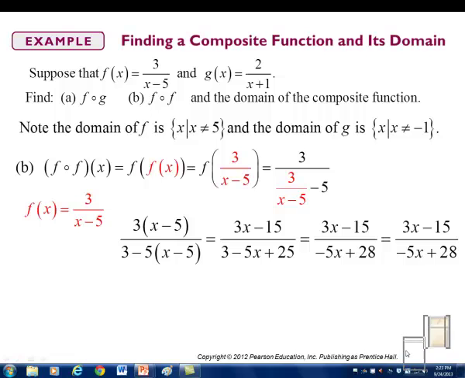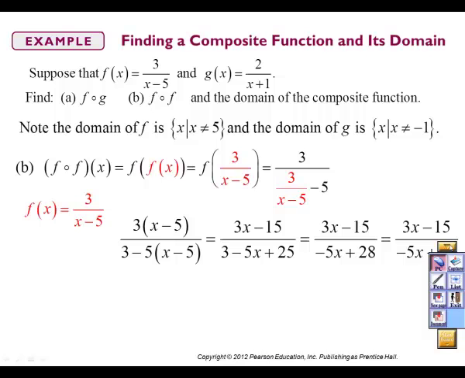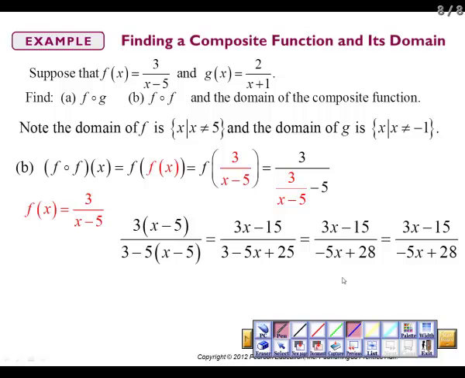Alright, now what do you think we're going to do at this point? You should have said that we're going to take this denominator here, negative 5x plus 28, set it equal to 0, minus 28, divided by negative 5, and the negatives cancel out. And so our domain is going to be, we already know that x cannot be 5.